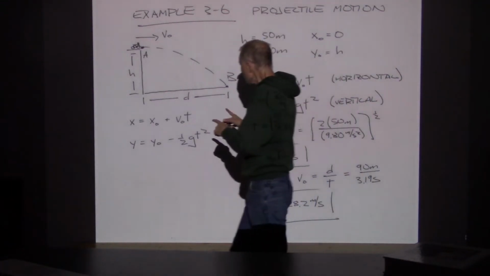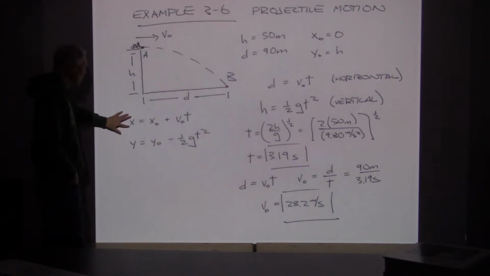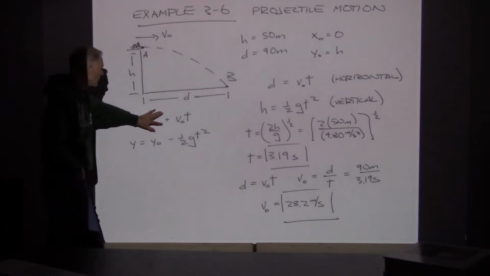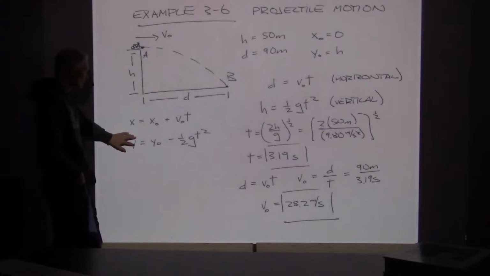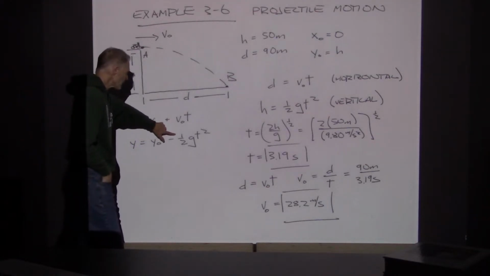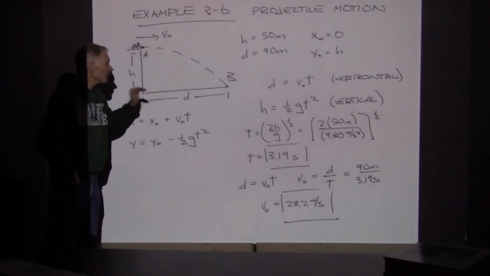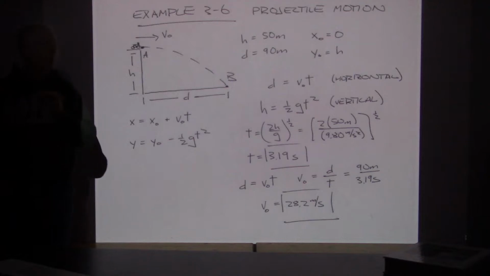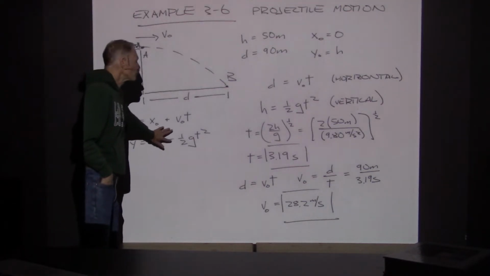Now, the formulas here for x motion is going to be x naught plus v naught times t. For y motion, for displacements in the y, is y naught minus 1/2 g t squared. There's a v naught in the x direction, but there's not a v naught in the y direction, so I dropped that out of my formula.